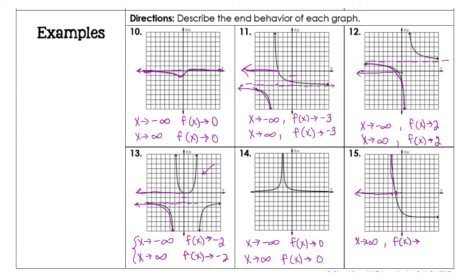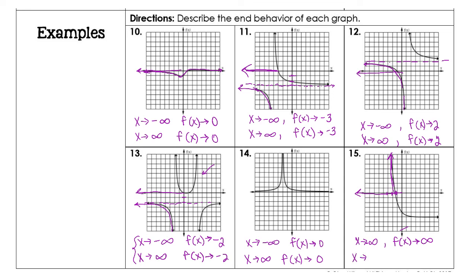Let's see, there's 1, 2, 3. So it looks like we might be flattening out toward, oh, nope, not going to be on that side, is it? That's tending upward. Yeah, we're going to be tending toward positive infinity. I was thinking we were looking at the right, sorry. This one is tending toward positive infinity, gracious.